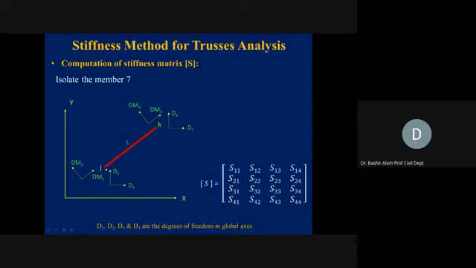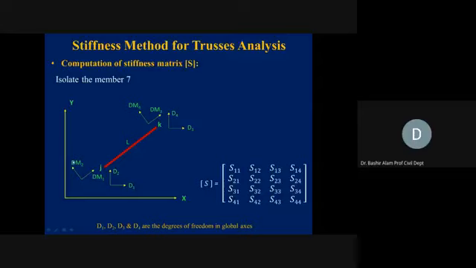As a result of this unit displacement, we find out the force, and that force will give you the elements of the stiffness coefficient matrix. Along this DM1, delta equal to 1, we will find S11, which is along this DM1 and due to this DM1.